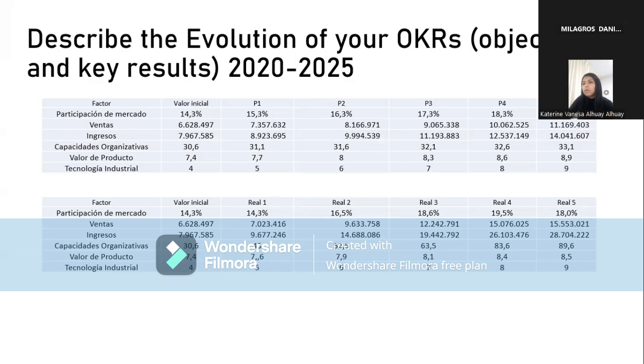Okay, the value of the products 7.4 in initial value, and P1 7.7, P2 8, P3 8.3, P4 8.6, P5 8.9. And according to technology, initial value of 4, P1 5, P2 6, P3 7, P4 8, and P5 9.